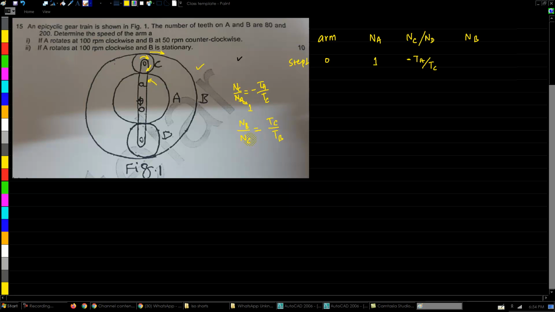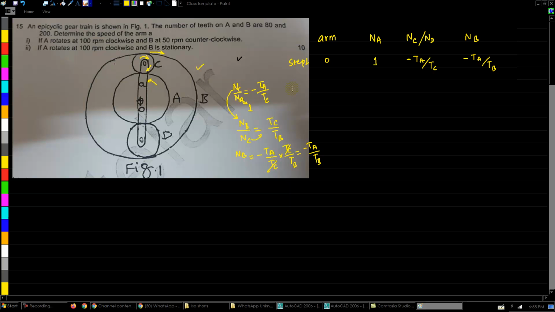But this NC will have to be transferred to the other side, and when we substitute the value of NC from here, we will get minus TA by TC multiplied with this whole term, that is TC by TB. Now you can see TC will get cancelled and we will be left with minus TA by TB. So that's what we will write down over here, TA by TB.